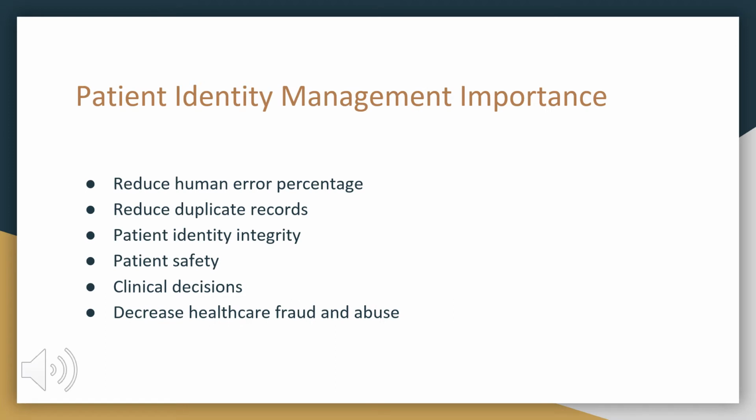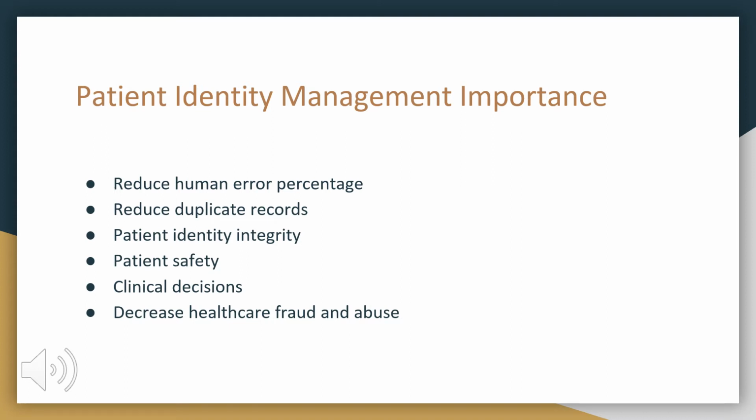Patient identity management importance. As you will see in the next few slides, we will identify various processes that will help improve patient identity. The goal of these processes is to help reduce human error percentage and help reduce duplicate records.